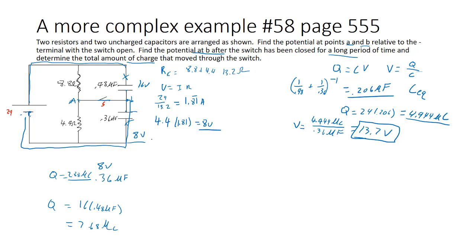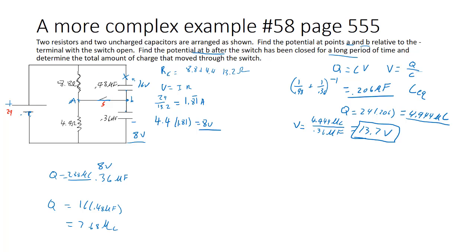Now, let's think about the charge distribution on here. When these are hooked up and charge is allowed to flow, this is the positive side of that battery, this is the negative side of the battery, and so this is going to push electrons towards here, and it's going to pull electrons off of there.